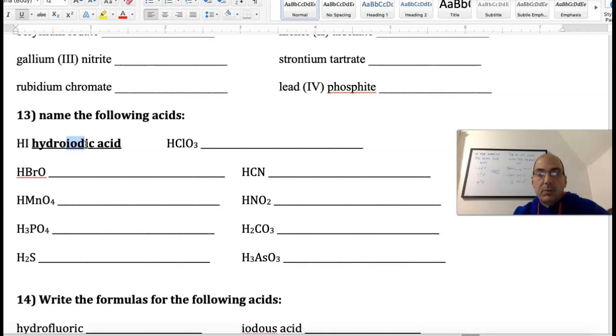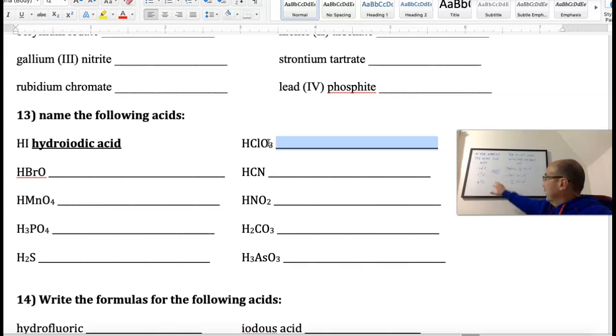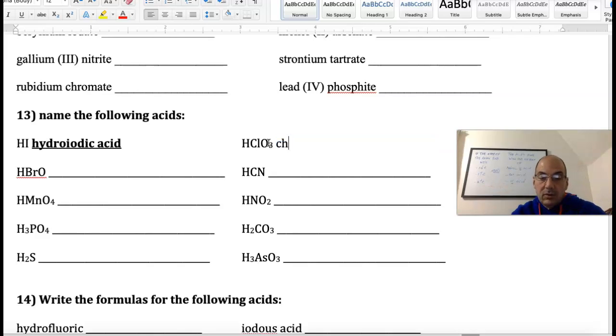That's where the iod is coming from. This one we just talked about, but I'll go through it again as if we didn't. ClO3 is called chlorate, and ate becomes ic. So this is just chloric acid.